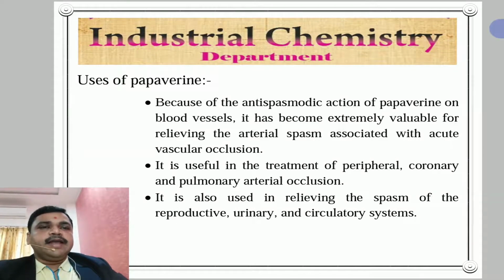Because of antispasmodic action, papaverine acts on blood vessels. It has become extremely valuable for relieving the arterial spasm associated with acute vascular occlusion. It is useful in treatment of peripheral, coronary, and pulmonary arterial occlusion.